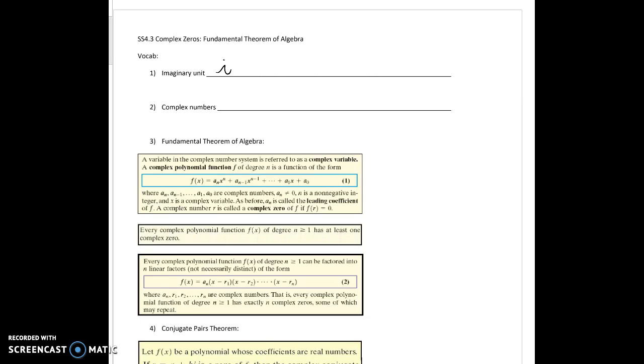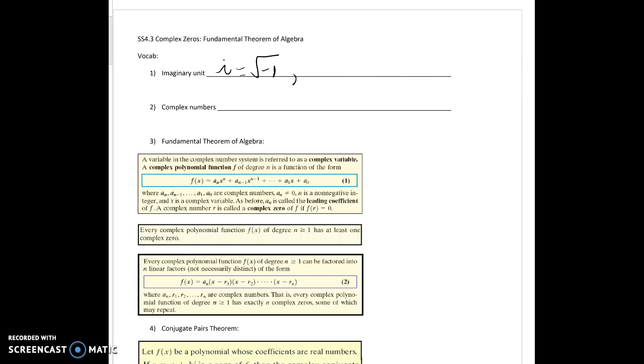Okay, sorry. This is my first time recording this and I'm having a hard time. So i is equal to the square root of -1. I'm using a stylus and I've never used it before, so my writing is going to be funky for a little while. So imaginary unit is i equal to square root of -1.